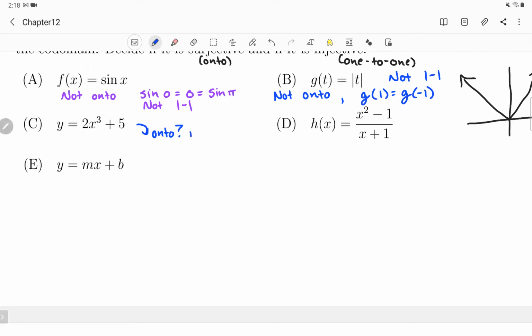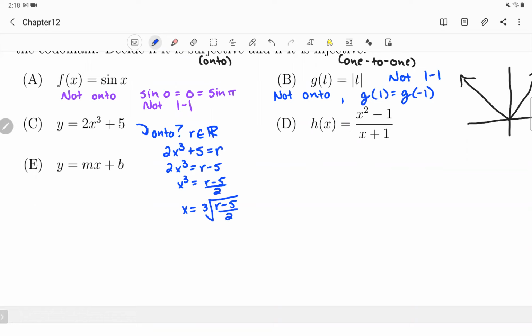So let R be a random real number. Let's see what it would take to get an output R. So I need 2x cubed plus 5 to equal R. Well, that would mean 2x cubed equals R minus 5. X cubed equals (R minus 5) over 2. X is the cube root of (R minus 5) over 2.